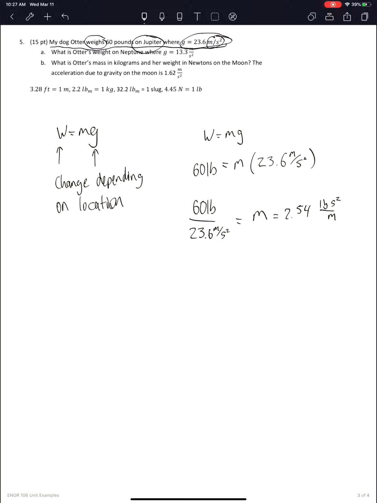If I want it to be standard, I have two options. I can convert to US standard units by changing meters to feet, or I can change to metric standard units by converting pounds to newtons. Remember, pound is a force unit.